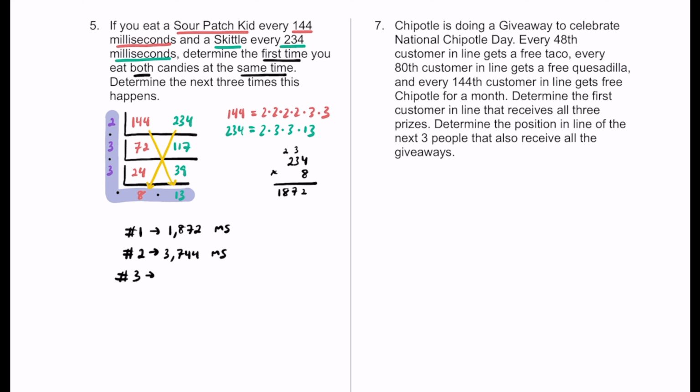So if we go ahead and, let me see here, another 1,872, that should be in the 5,000s, I think 5,616 milliseconds. Okay. And then the next time after that would be another 1,872 on top of that. So 56 plus 18 should be 7,488, I believe.